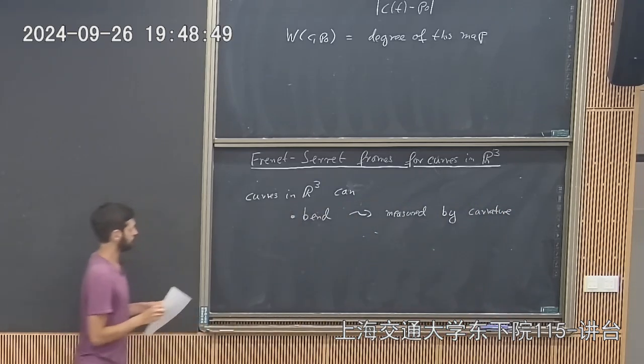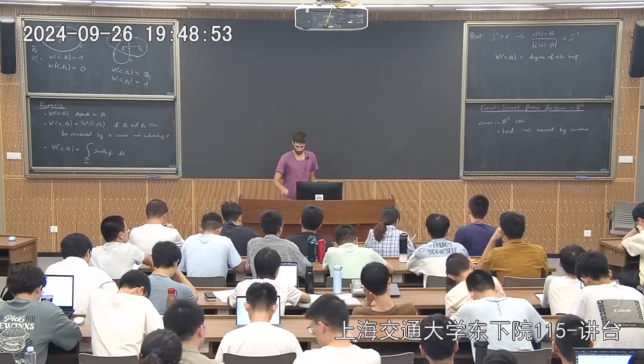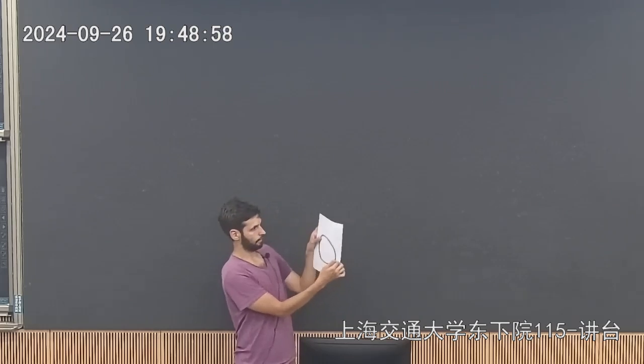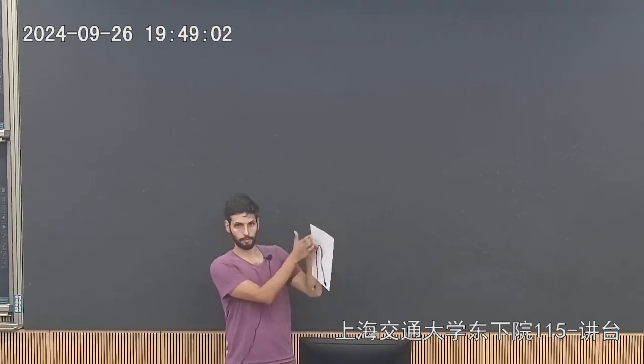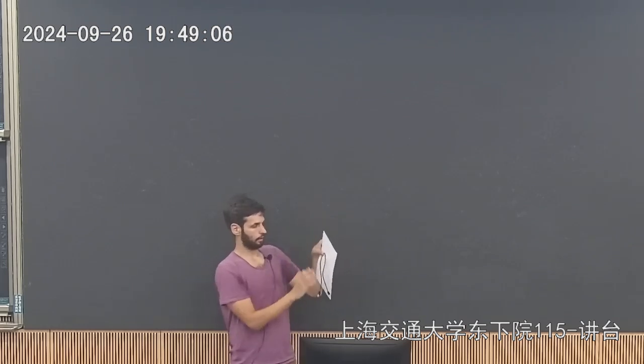And essentially, if you can think of a curve, locally, in a small neighborhood, I can always approximate a curve by a plane that looks like something tangent and something normal.